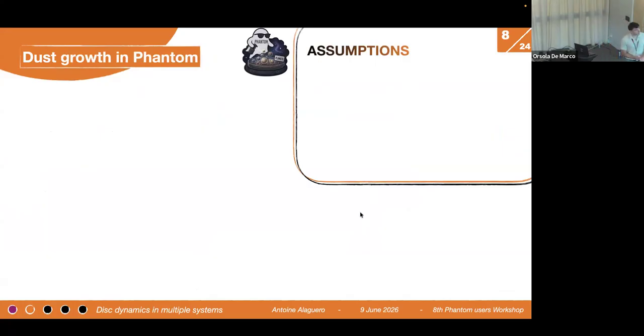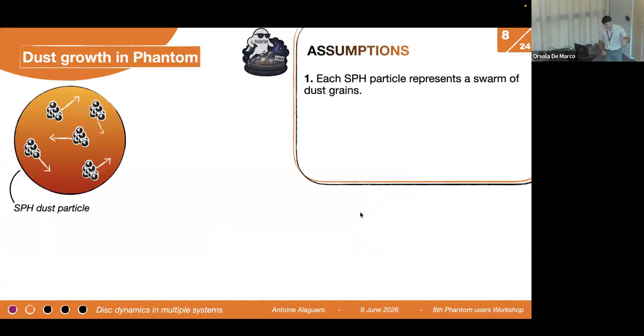Then let me talk to you about how dust growth is working. Now that we know a bit more about dust, let's make it grow. So it will involve a couple of assumptions. The first one being that it all happens inside the SPH dust particle, and we'll assume that this particle represents an army of very small dust grains that have motions that we don't resolve, but we know that this motion makes the grains collide with one another.